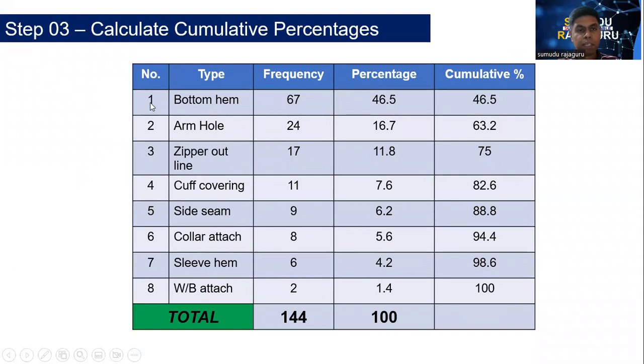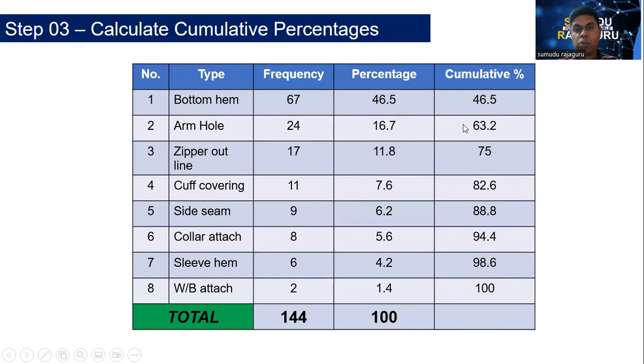When we consider the first one, the cumulative percentage is 46.5. But when we come to the second one, what happened? Here, to 46.5 we have to add 16.7. Adding these two numbers, the answer will come to 63.2.